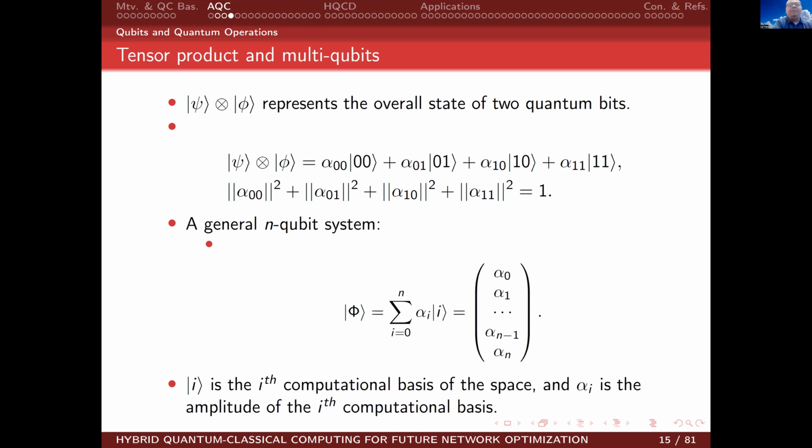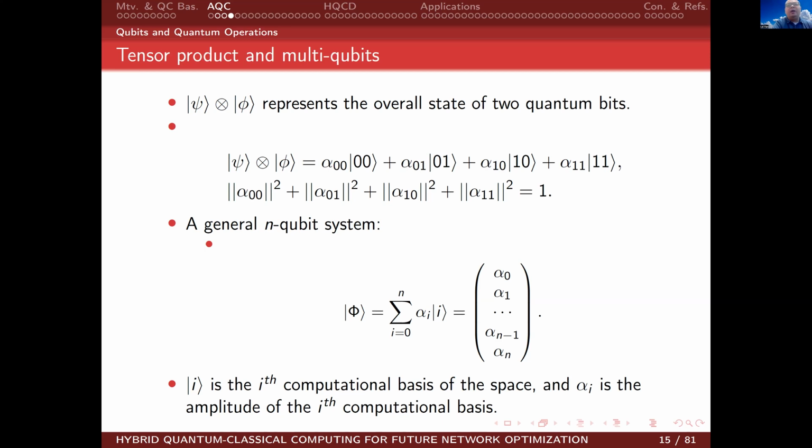For this composite system of 2 qubits, we will have 4 scenarios, right? Here we can see the 4 scenarios are 0,0, 0,1, 1,0, and 1,1. And these are the 4 states the composite system can be on.